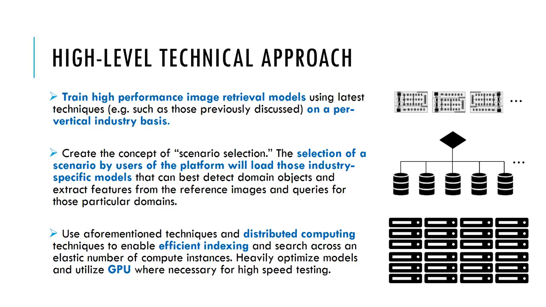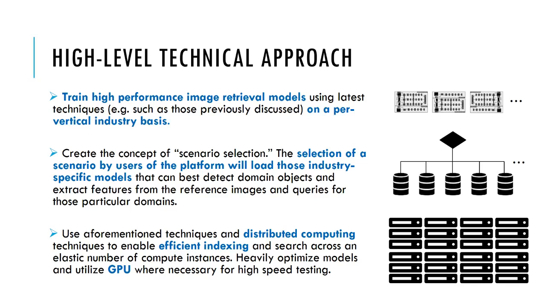So we create this concept of scenario selection, which allows the user to select the scenario that they desire, and the platform will then load those industry-specific models that can best detect domain objects and extract features from the reference images and queries for those domains. How do we deal with the performance issue?